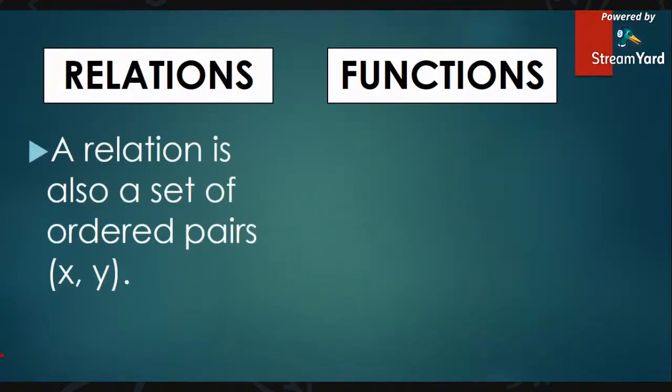Okay? So, relation is also a set of ordered pairs, which is x and y. So, yung sinasabi ko sa inyo about sa abscissa and ordinate or domain and range. So, yung domain natin dyan si x and the second one is yung y, which is the range.